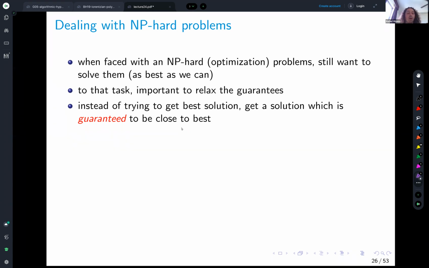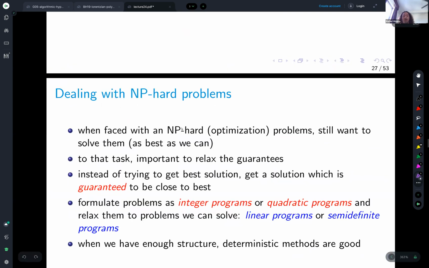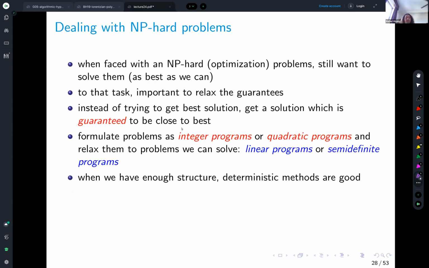All right. And so what was the idea here? The idea was there are two approaches to dealing with NP-hard problems: we can formulate them as integer programs or quadratic programs, and then we can relax these problems to problems that we actually can solve, which are linear programs or semidefinite programs, right? And once we do that, if these linear programs have enough structure, like we saw for the vertex cover, then deterministic methods are good. So we're able to round deterministically.